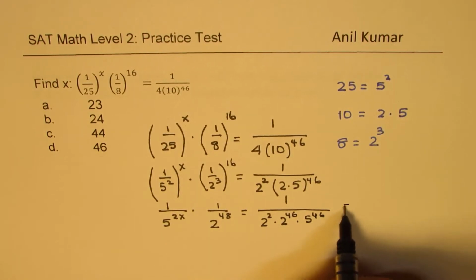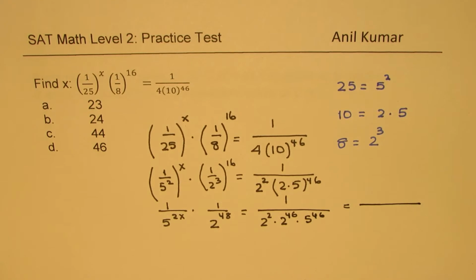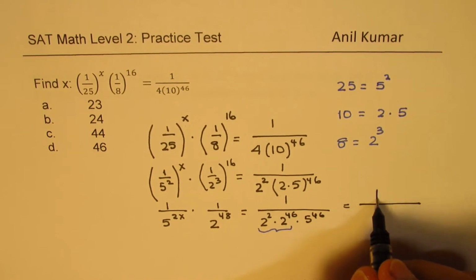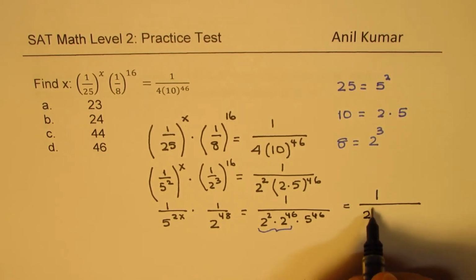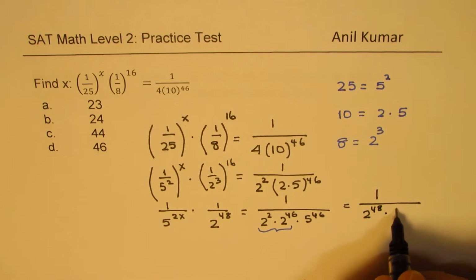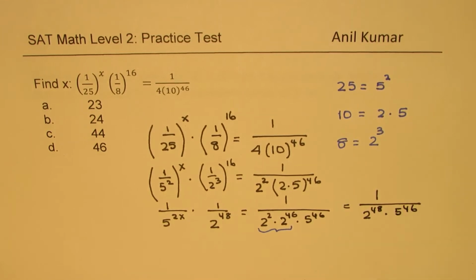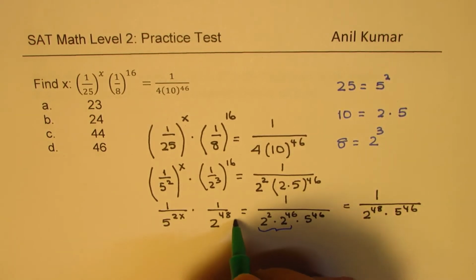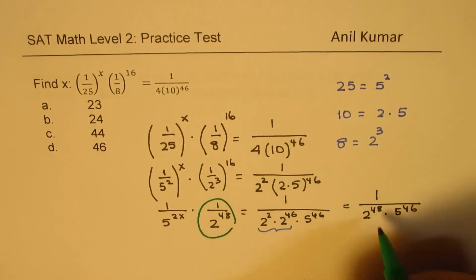Now the right side itself, we can actually combine these two terms using the exponential rules. So they get added up. So we get 2 to the power of 48, and here we have 5 to the power of 46. Now if you compare clearly on the left side and the right side, we do have 1 over 2 to the power of 48.